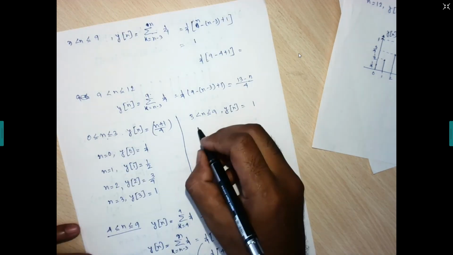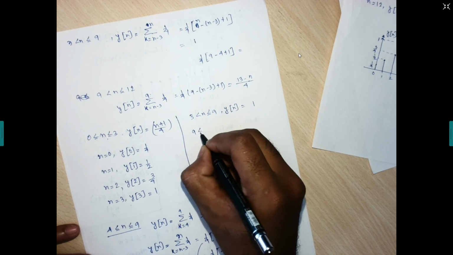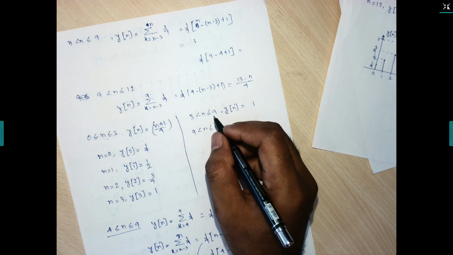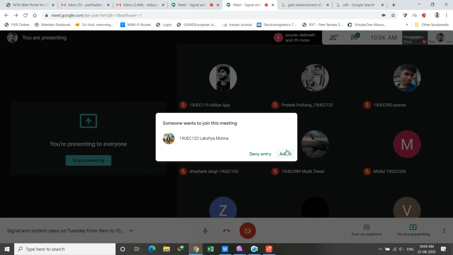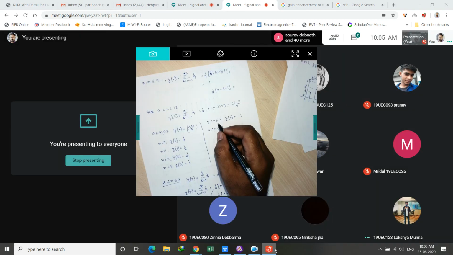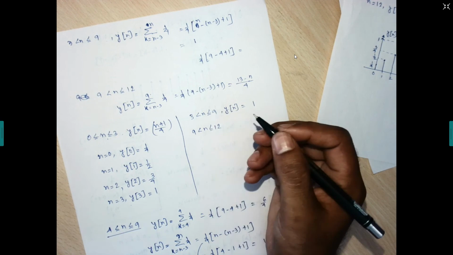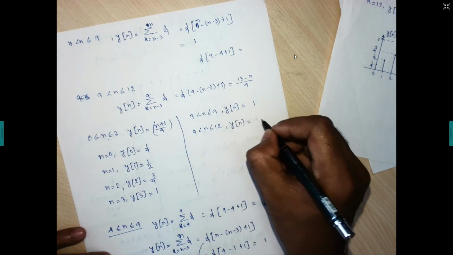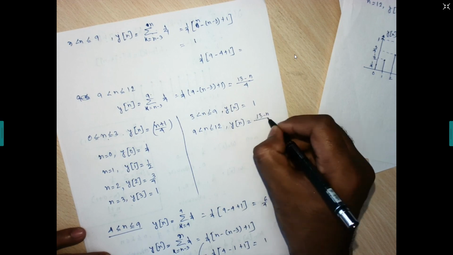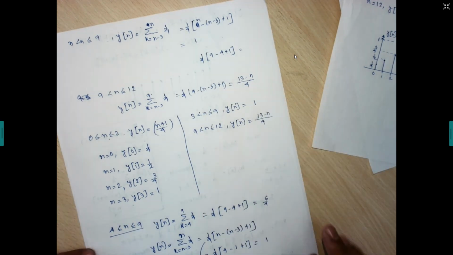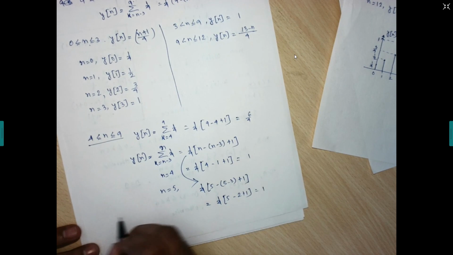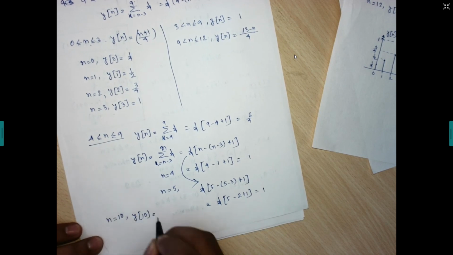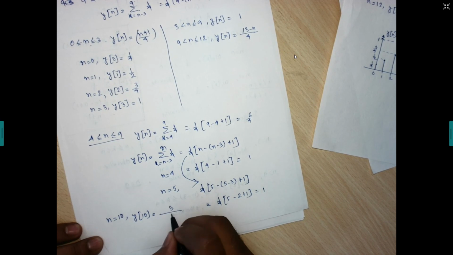In the same way, if we go for n up to 12, because we have already considered 9, for this case y[n] is 13 minus n by 4. Now let us take any sample in between. Let us take 10. If n equals 10, what will it result in? Y of 10 is 13 minus 10, that means 3 by 4.